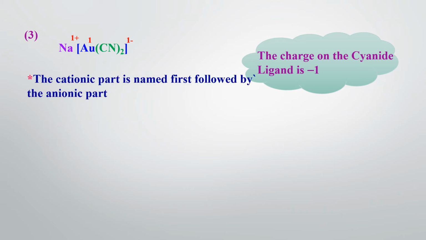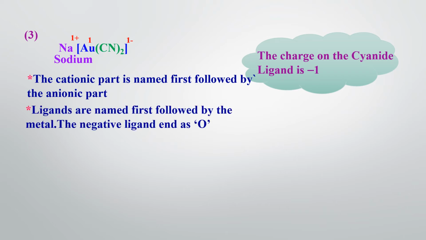Now the first rule: the cationic part is named first. For the cationic part we are not using any Greek prefix. So sodium is there, sodium. Then we come to the coordination complex. In the complex, ligands are named first. Cyanide is there, so we use cyanido. How many cyanides are there? Inside the coordination sphere, to name the ligands we use a Greek prefix.